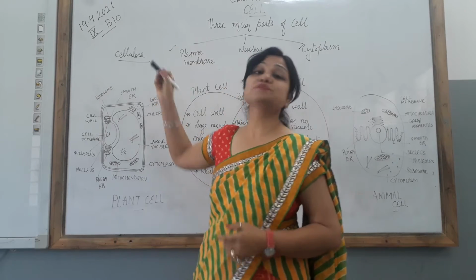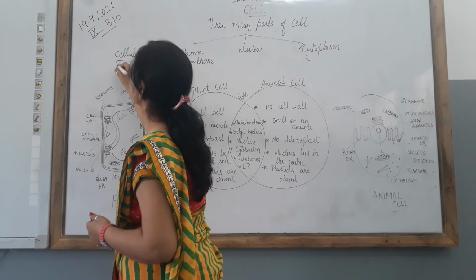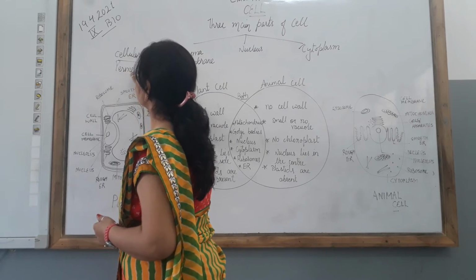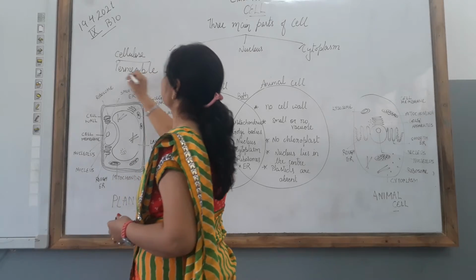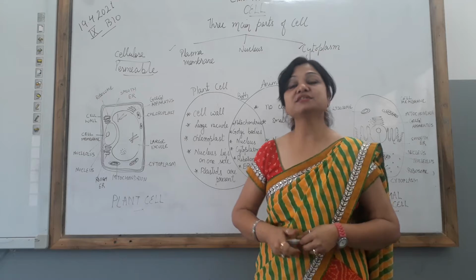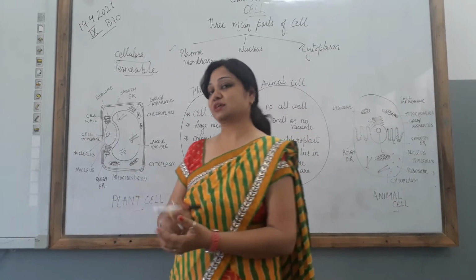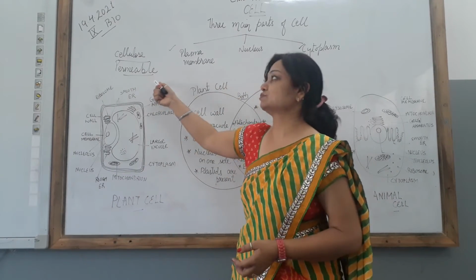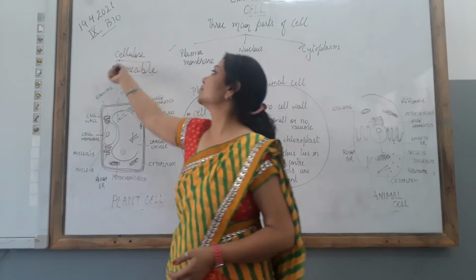Now, otherwise, it is permeable. Yes, this is the difference between cell wall and cell membrane. As we know, the cell membrane is semi-permeable. It selects the things which can pass through it. But the cell wall is completely permeable.